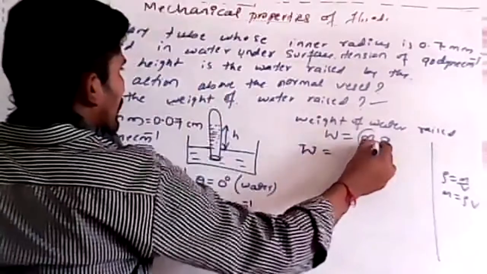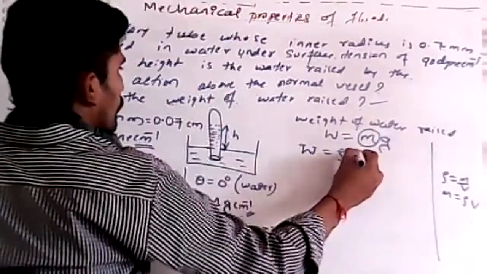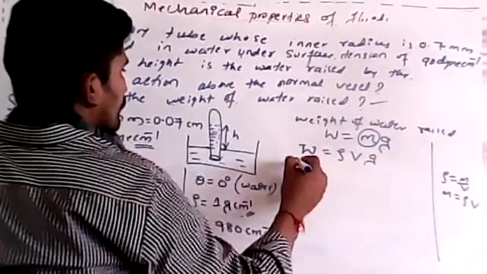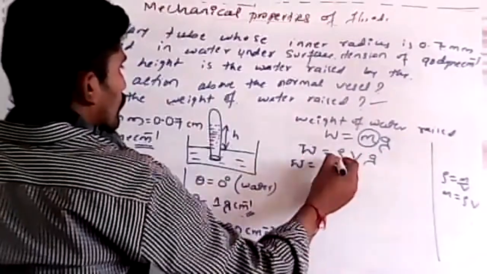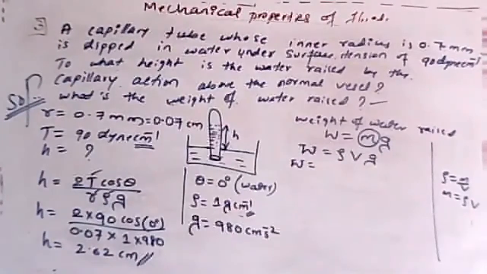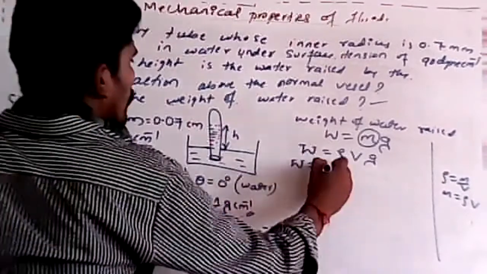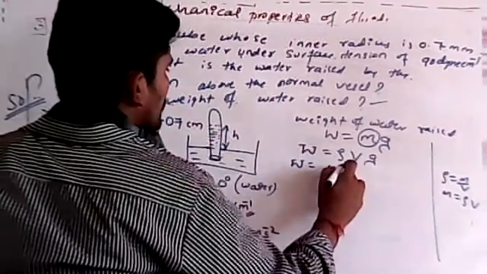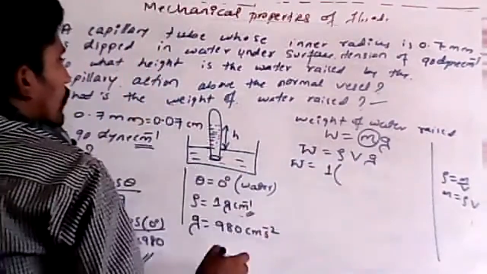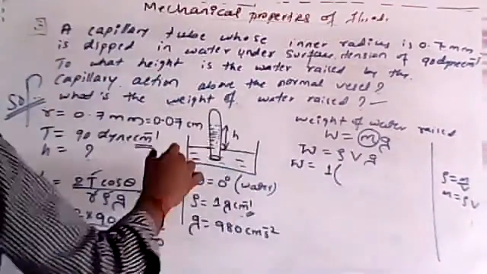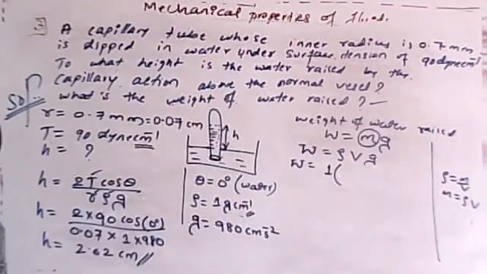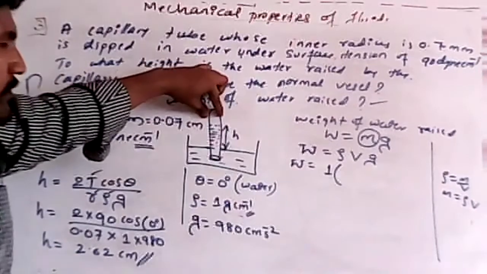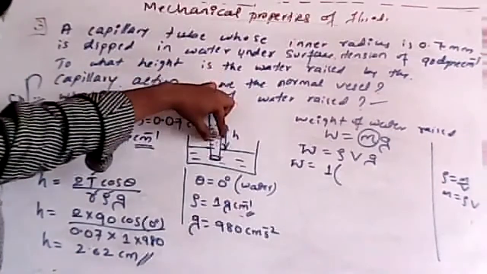So we can write this mass as density into volume, into G. Density is 1 gram per centimeter cubed. Volume is the volume of this capillary tube.